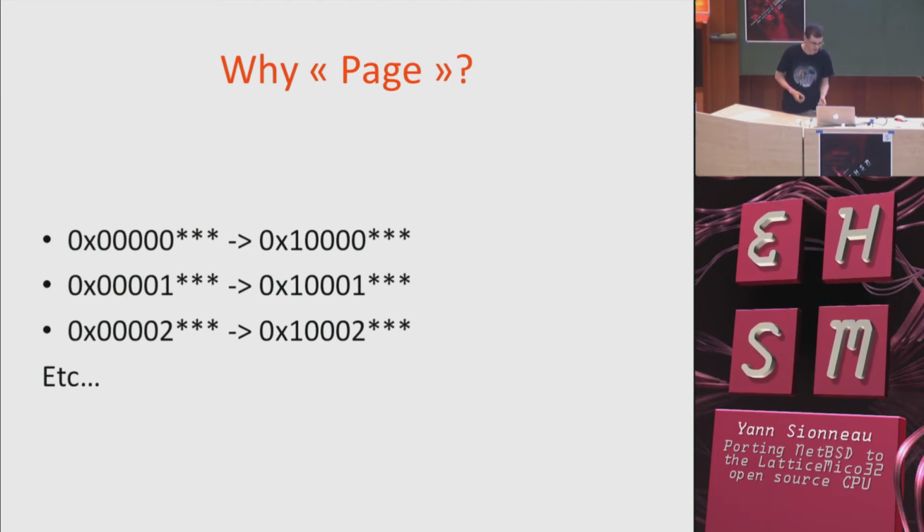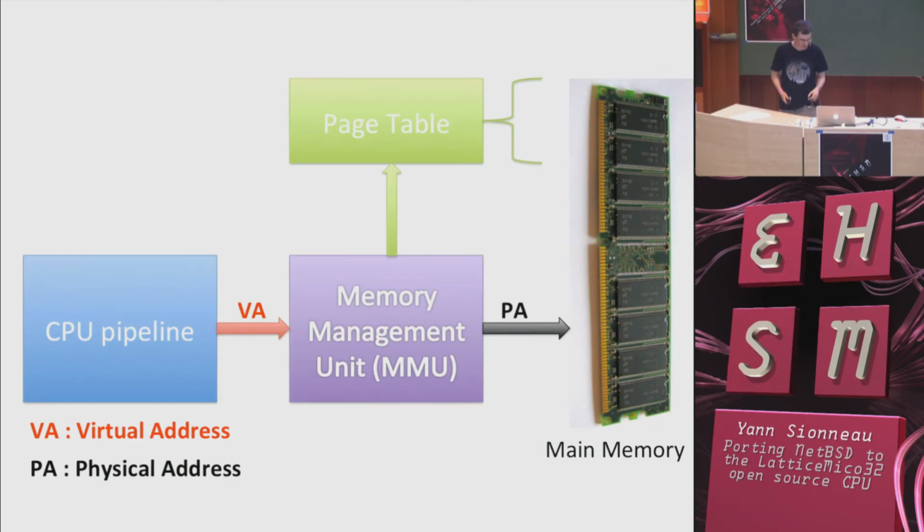The page is just a chunk of memory. So here, in 3 lines, so in just 3 entries of the page table, I mapped several kilobytes of memory instead of just 3 bytes. So it's more efficient and it keeps the page table small. So okay, we're talking about pages now.